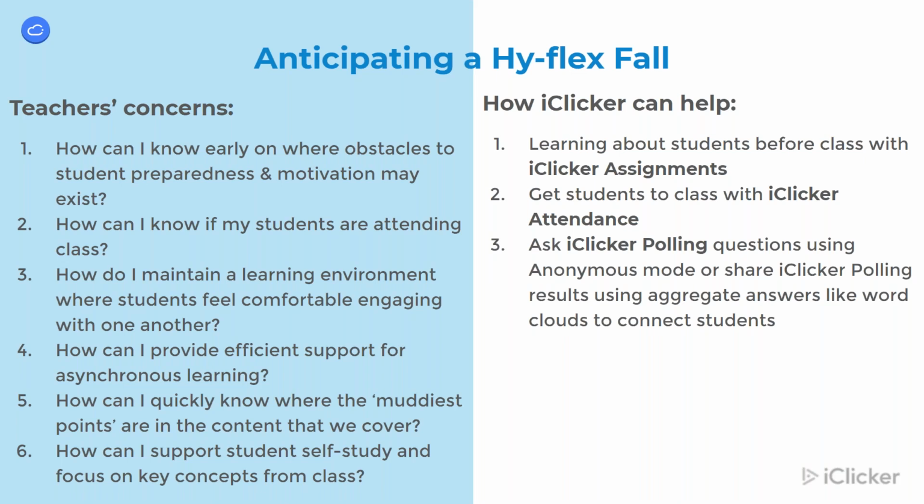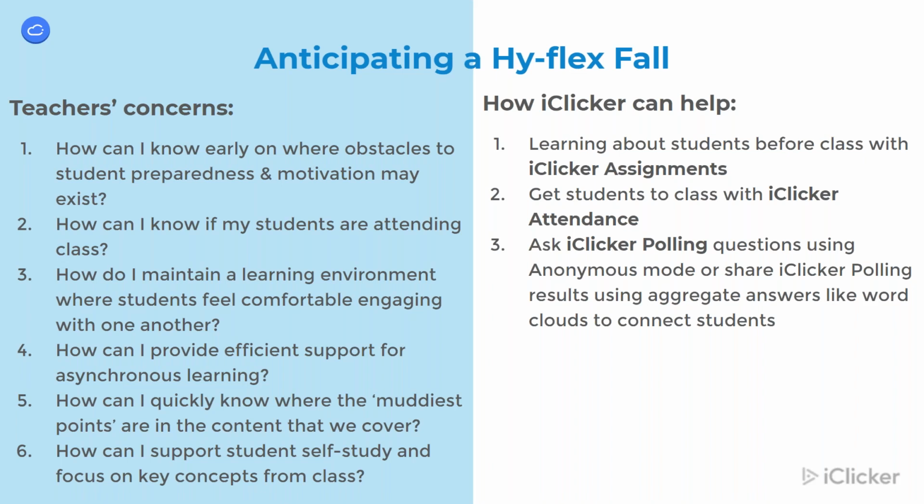With iClicker polling questions, we're really able to take that learning environment and make it really comfortable, and make it a place where every single student voice is valued and welcomed. So with iClicker polling, we have the anonymous mode where you can ask questions where students' names are not attached to their responses.